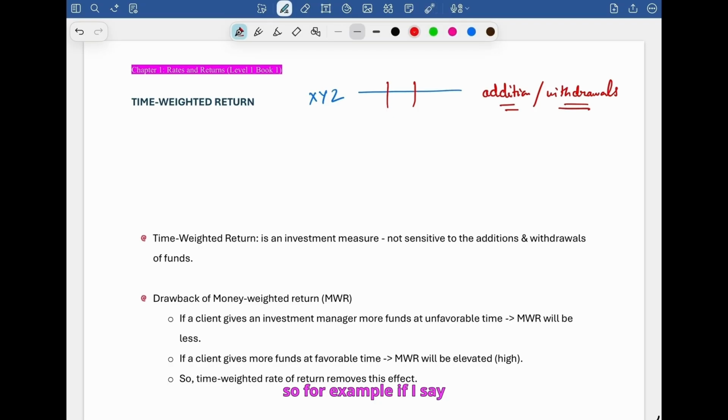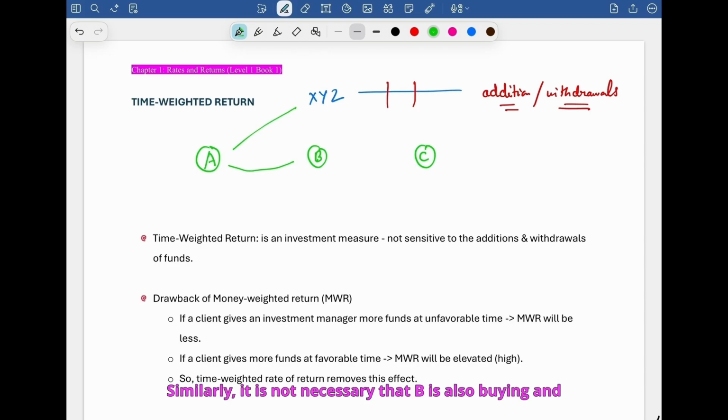For example, say there are investor A, investor B, and investor C. It is not necessary that investor A will be selling and buying shares the same as B. Similarly, it is not necessary that B is buying and selling shares exactly the same as C, right?